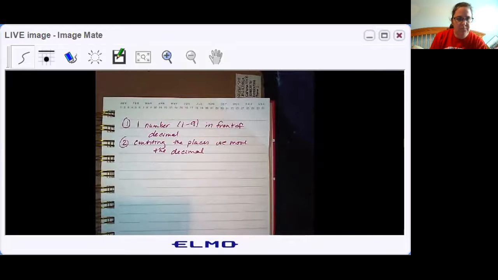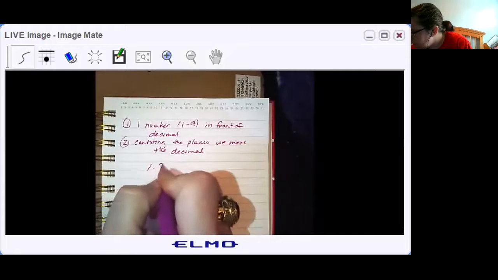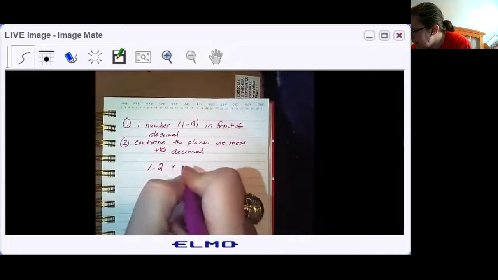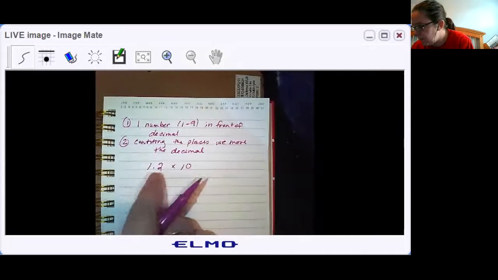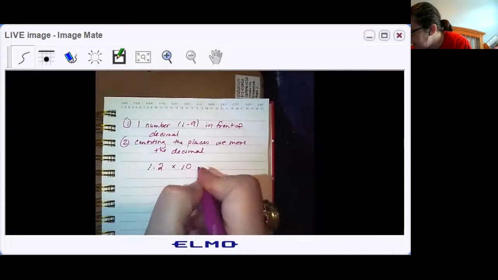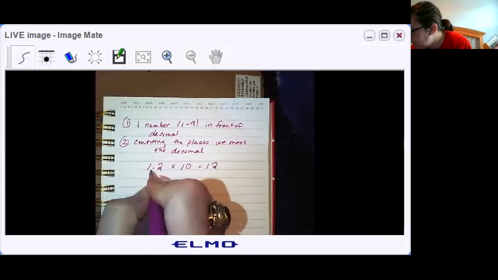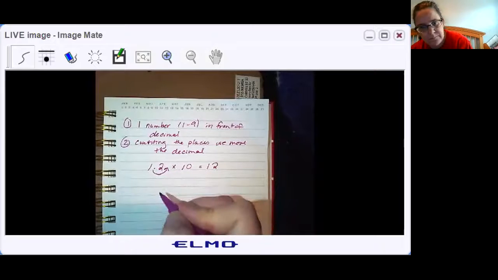And if you think about it, if I have the number 1.2 and I multiply it by 10, what happens to this decimal? Well, 1.2 times 10 is 12. So it moves that decimal over 1.